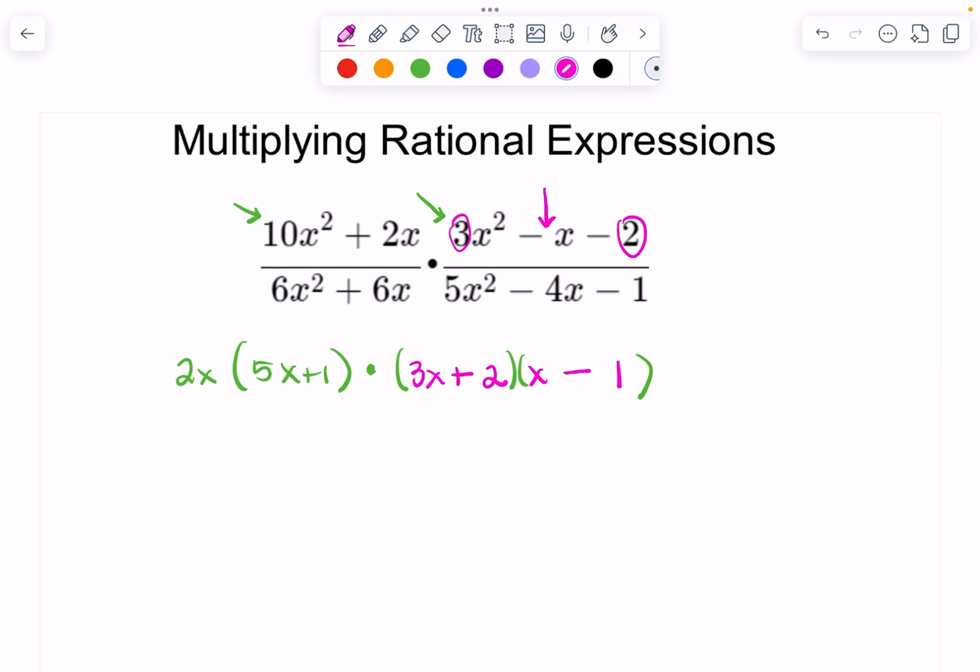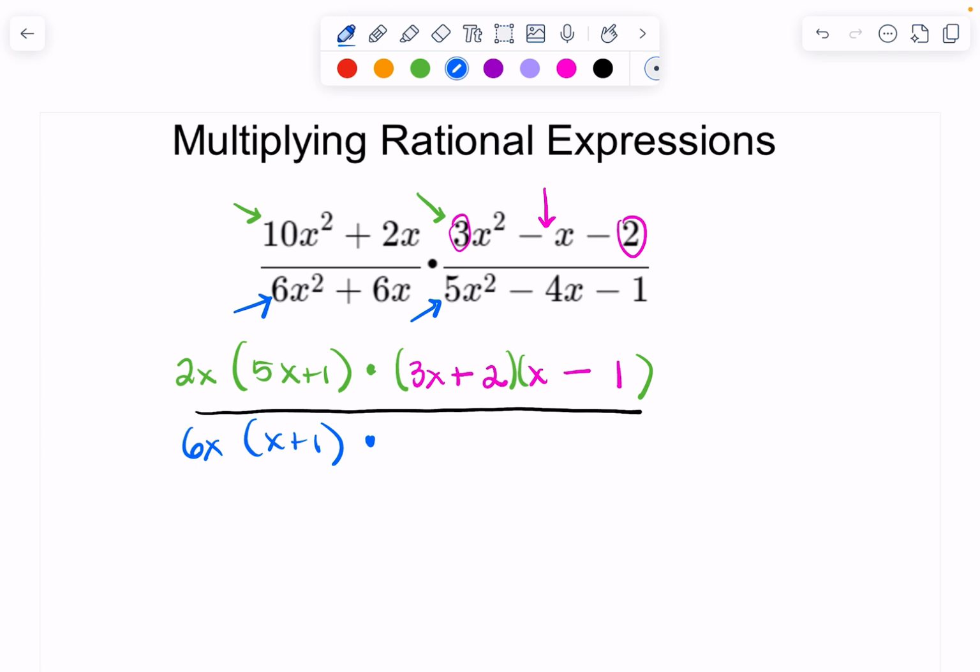And now we give ourselves the denominator and factor the denominator pieces. The first part in the denominator has a common factor of 6x. What's left in parentheses would be x plus 1. The second denominator does not have a common factor, but it is one of those.